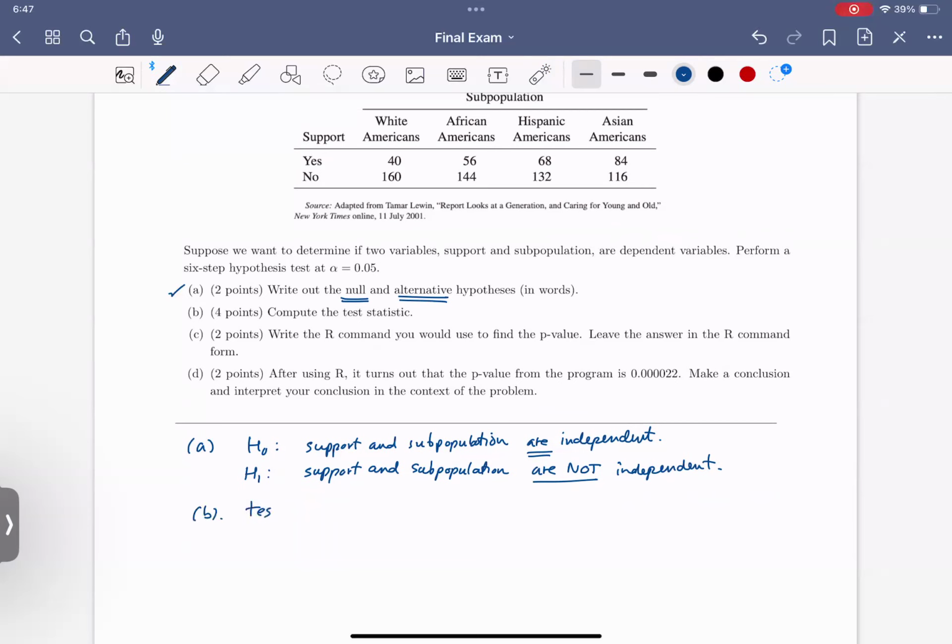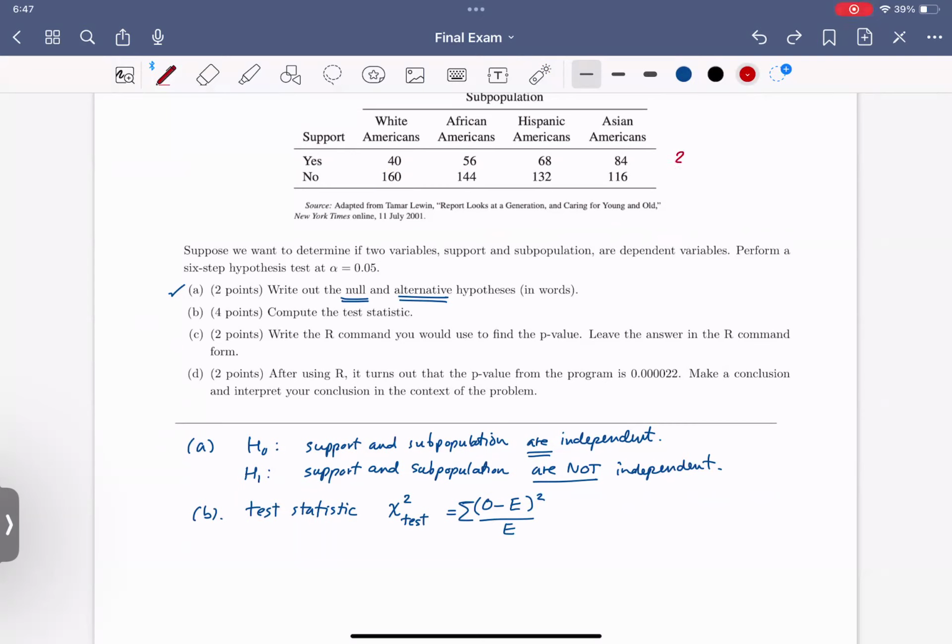All right, this one is a little bit tedious, right? Because you actually need to use the chi-square test, which is O minus E squared over E, and then you sum them, which this time you're going to have lots of numbers. So it is suggested that you do the sums of rows first. It is 40 plus 56 plus 68 plus 84.